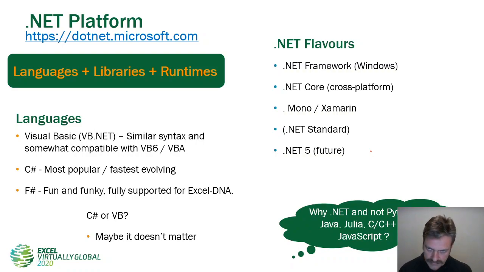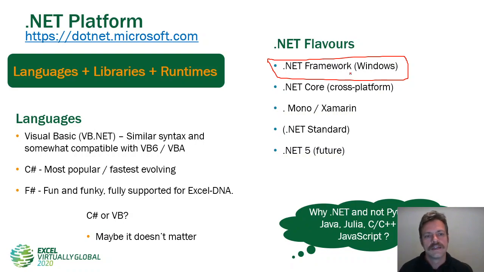Another thing that is confusing is that there are different .NET flavors, and you'll see these choices in different environments. There is the .NET Framework, which is the Windows component and is currently at version 4.8, and that's the one we are targeting with Excel DNA at the moment. There is a cross-platform version, and Linux, iOS, and Android versions of .NET.